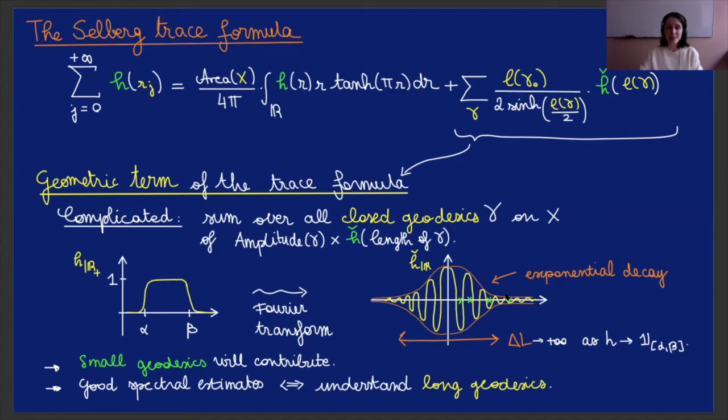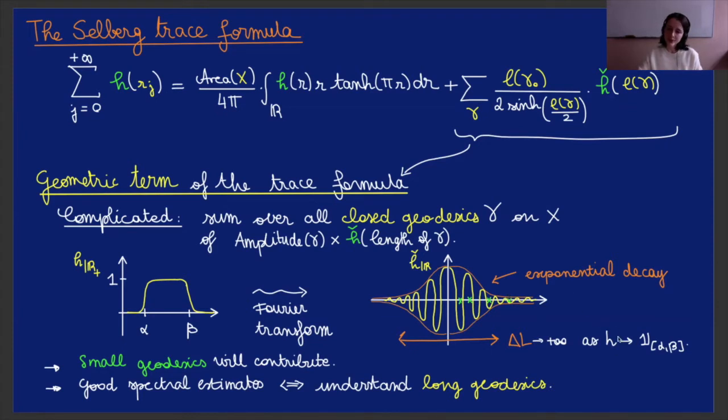And the thing is, as you know, when a function is very smooth, its Fourier transform decays very well. When it's not smooth, its Fourier transform decays less well, and it spreads.